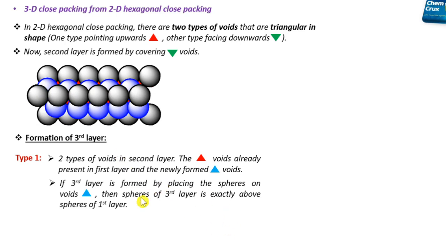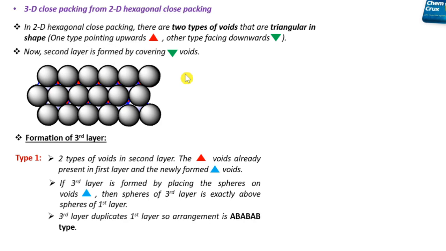So we can say that the spheres of the third layer are actually exactly above the spheres of the first layer. So if we add another row of the third layer, it will be exactly above the spheres of the first layer. Again, adding another row on the top, you can find they will also be aligned with the spheres of the first layer like this. Correct?